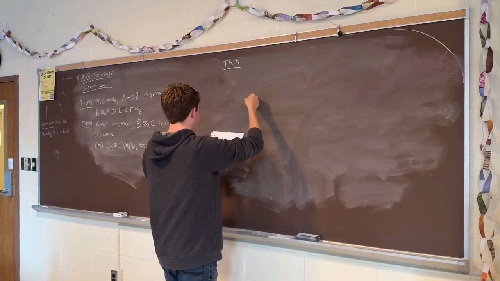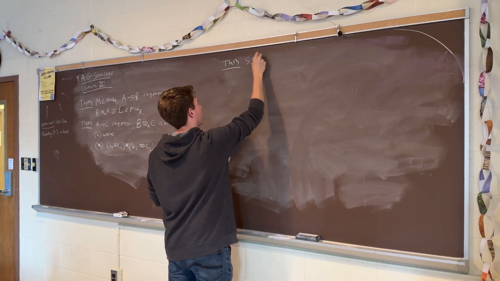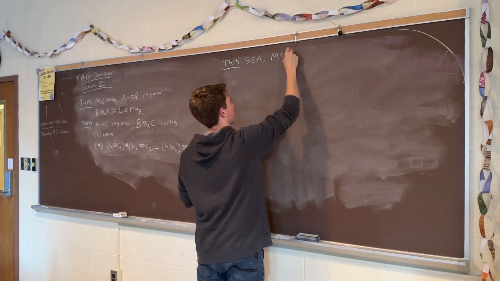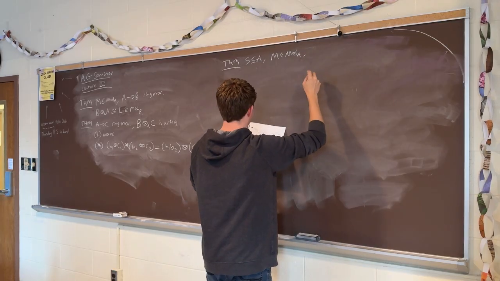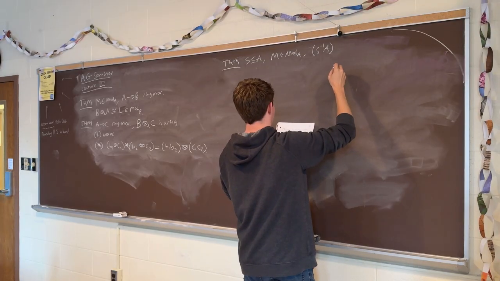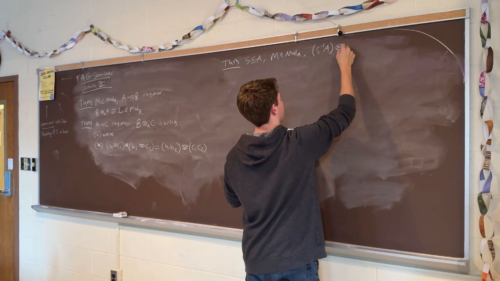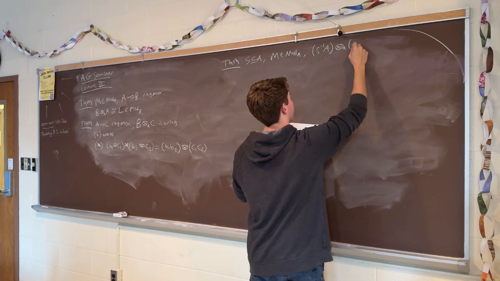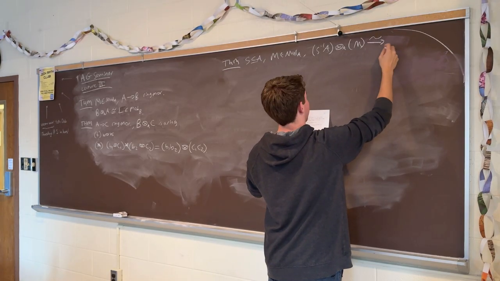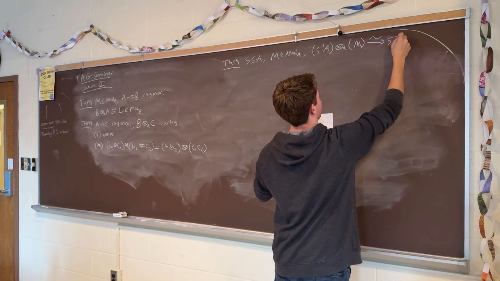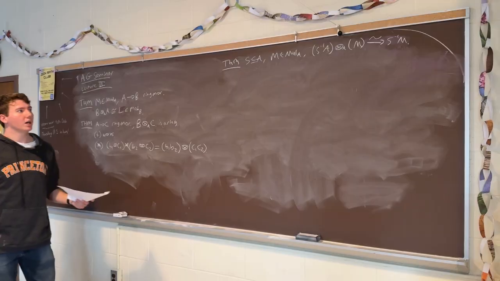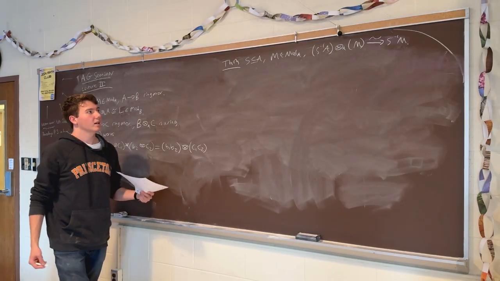So if we are given a multiplicative subset S of the ring A, and M is an A module, then S inverse A tensored through A with the A module M is isomorphic to S inverse M. So what are we doing? We're localizing the A module with a multiplicative subset of A.